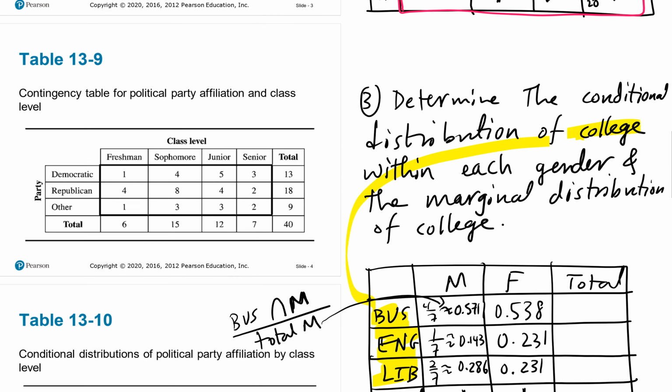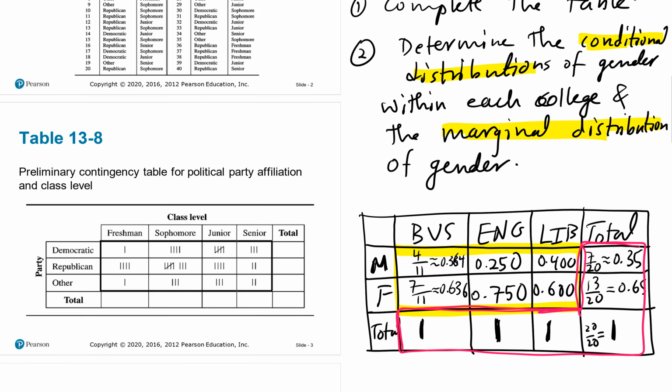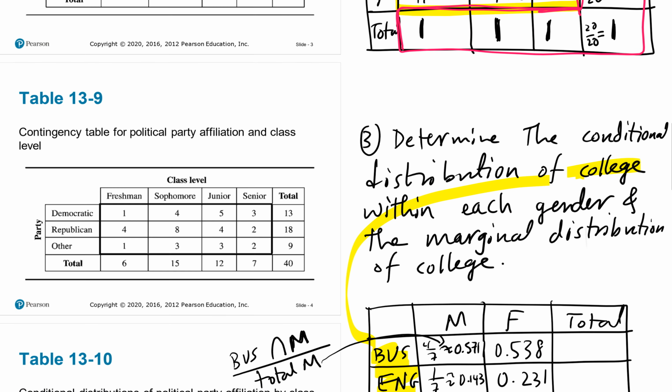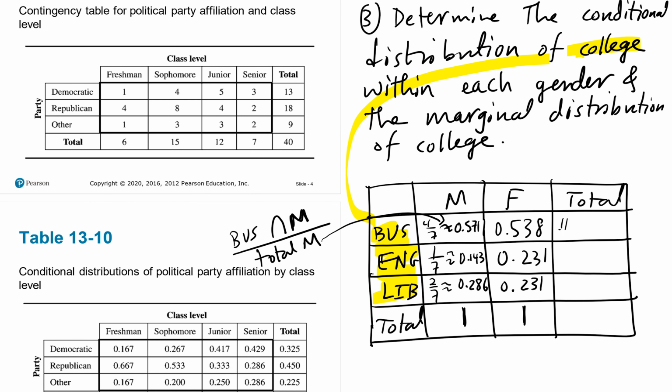So here, how many total in the business? In the business, we go back: 11 divided by 20. That's about 0.550. And we do the same thing here, 0.200, 0.250, and this is 1.